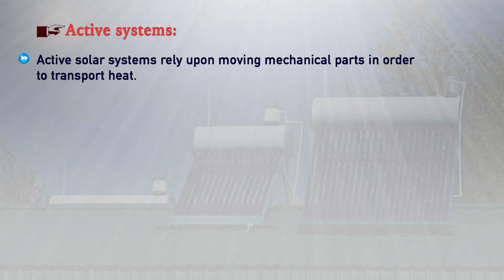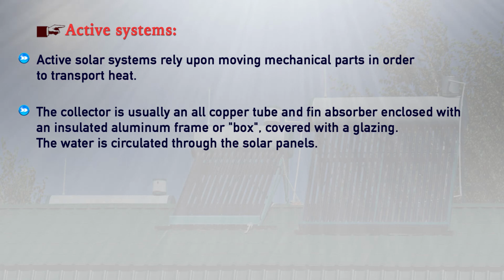As the name indicates, active solar systems rely upon moving mechanical parts in order to transport heat. The collector is usually an all copper tube and fin absorber enclosed with an insulated aluminum frame or box covered with a glazing. The water is circulated through the solar panels.